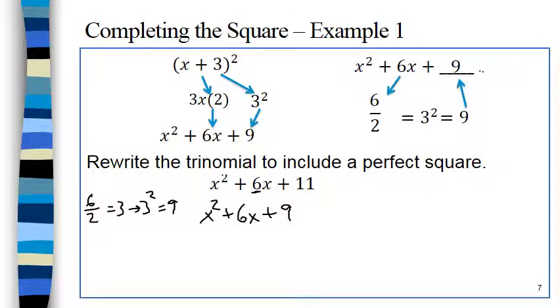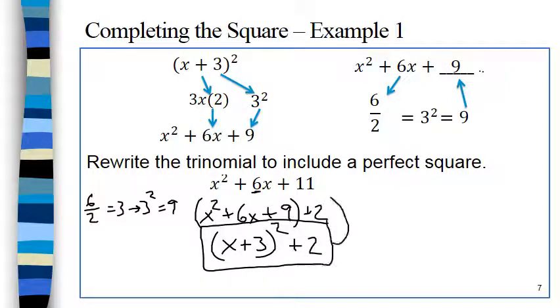But we don't have plus 9, we have plus 11. In this particular problem it is fairly easy to see that we can just split 11 into 9 and 2, and then we can factor this into x plus 3 quantity squared, and then we have the 2 left over. So we've rewritten this into this form, and this form should look fairly familiar to you from the last video.